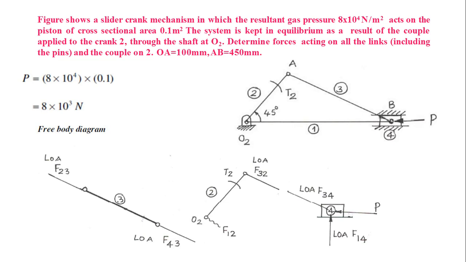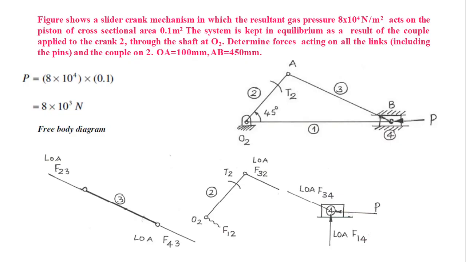So first draw the space diagram, then one by one you can draw the free body diagram. For links 2, 3 and 4 respectively, you can draw the free body diagram for all three. Later I will explain this, and you can draw it all together.